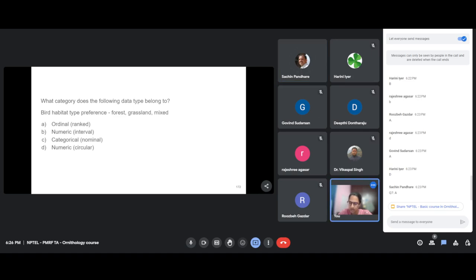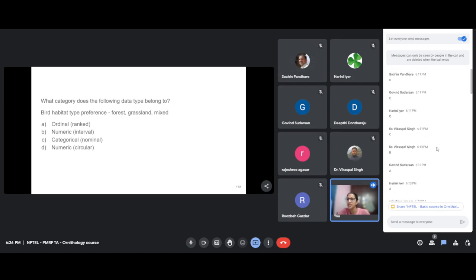So in this case, with bird habitat type preference, you have three categories already given to you. I noticed that through all these examples, everybody did not have the same answer, so I think it's very important to understand this. You know they are categories, it's not numeric data.